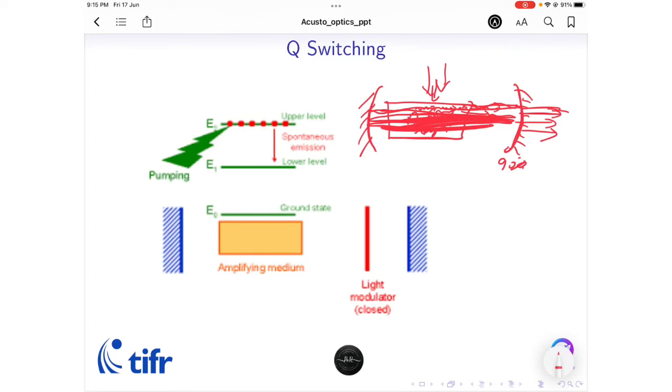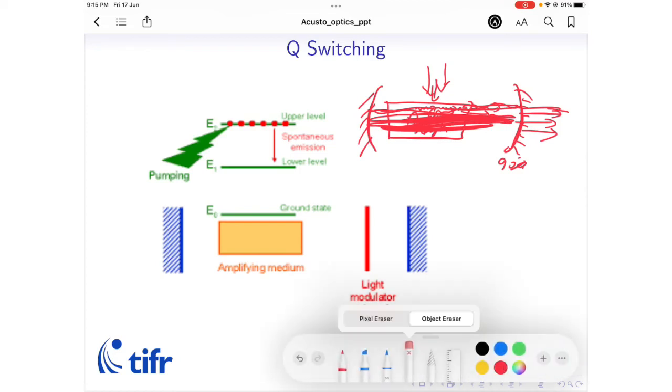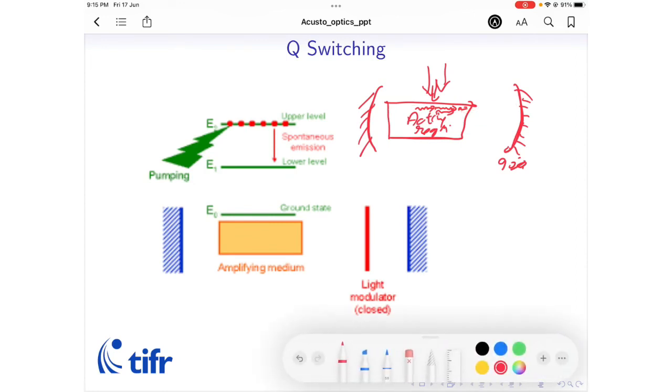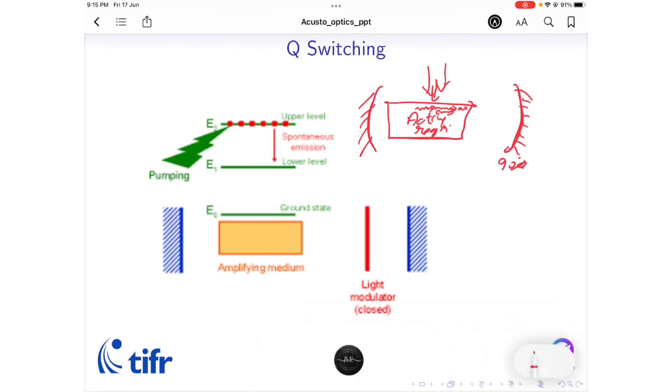But in Q switching, at first this will be 100% reflecting. There are different techniques for Q switching, but this is one case. There will be a medium modulator here, that will be 100% reflecting.